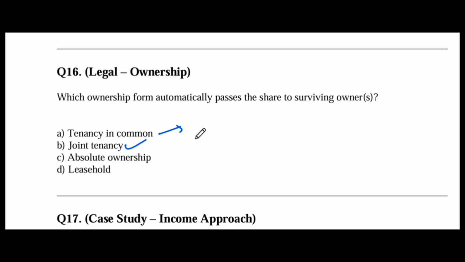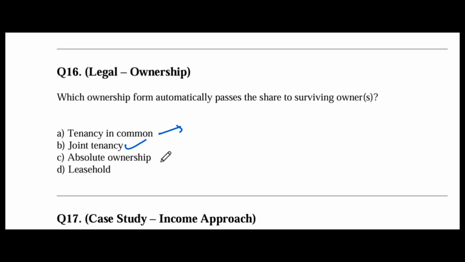The successors of the person who died will get the share, but not the remaining owners. This is tenancy in common. Joint tenancy was discussed. The share will pass to the remaining owners.